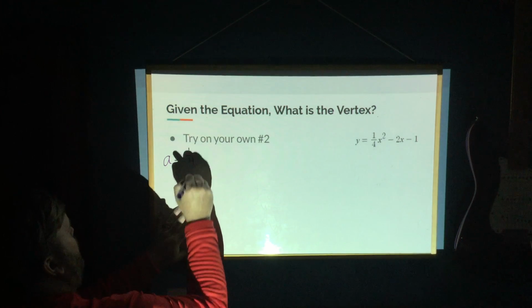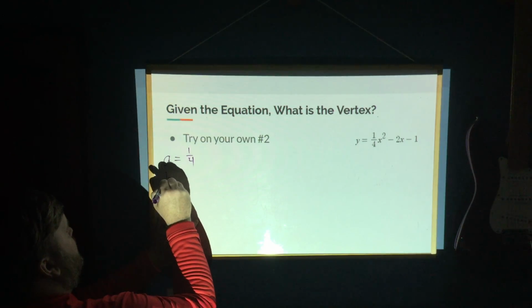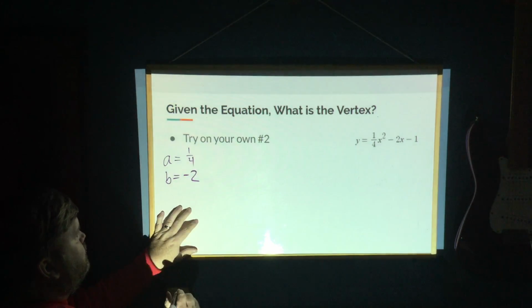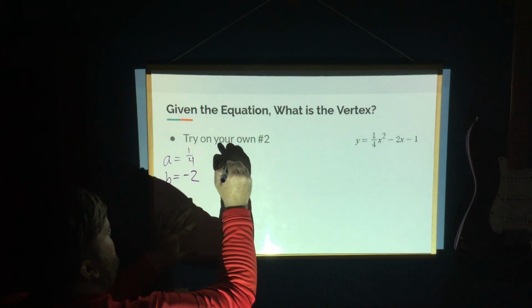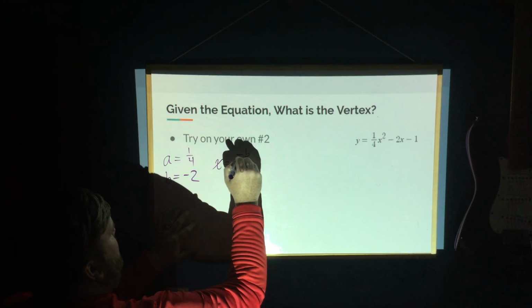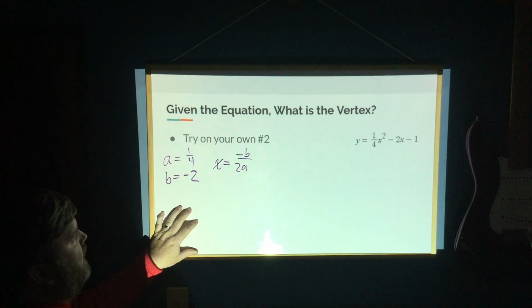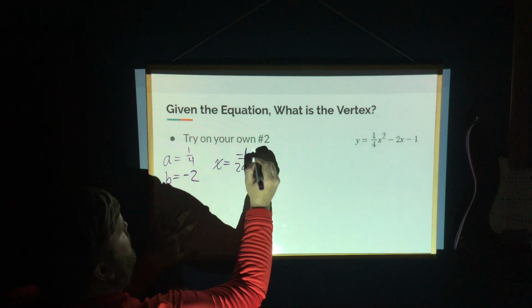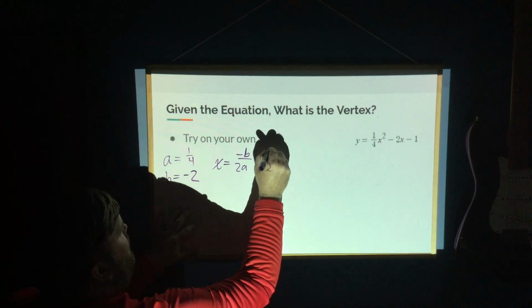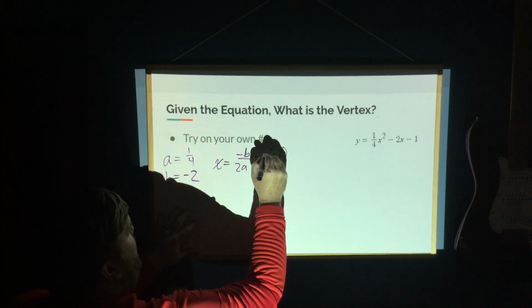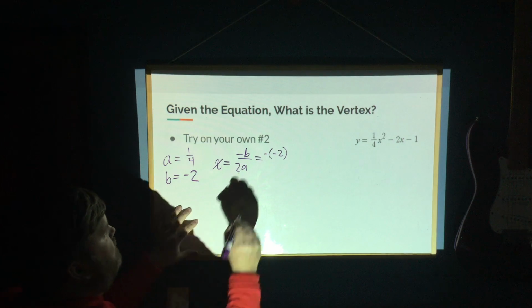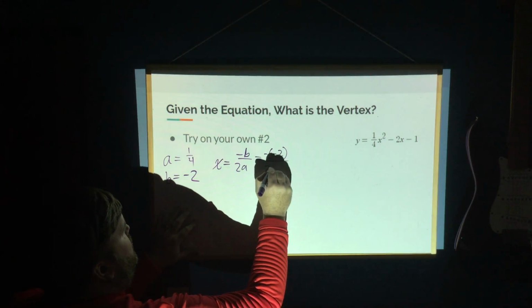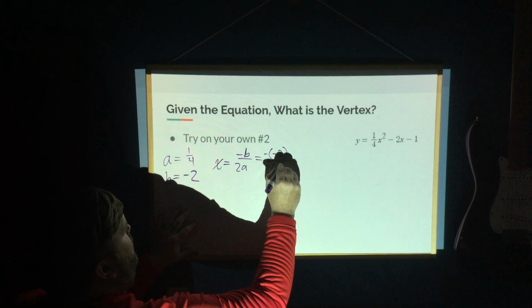A is 1/4, and B is -2. So we have x equals -b over 2a. That gives us our axis of symmetry. So the negative of -2, I should say, over 2 times 1/4.